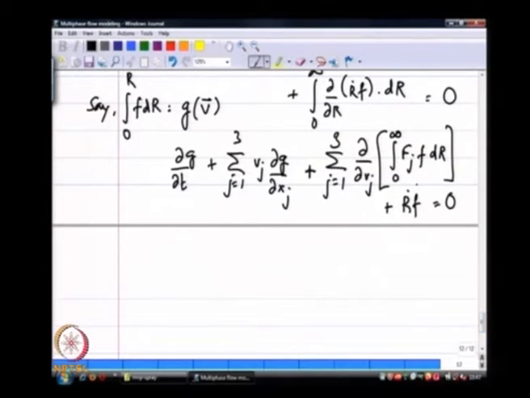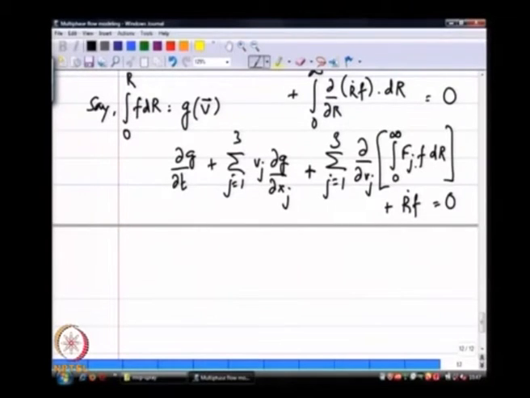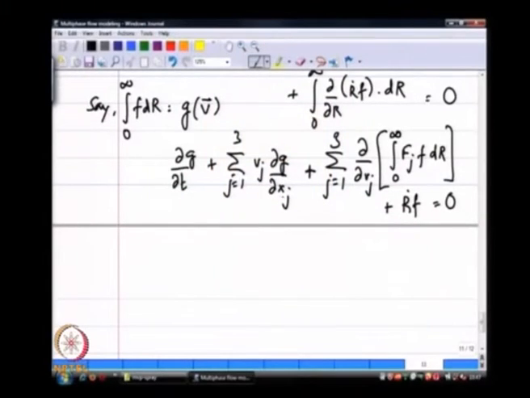I do not have an equation only in g terms, because I know the integral from 0 to infinity, let us say, I have replaced the integral 0 to infinity of f dr with some g of v. Okay, it is like a probability density function in the velocity coordinate, and I am able to take care of the first two terms, but the last two still have this f part remaining in them.